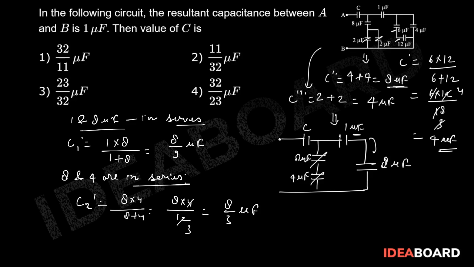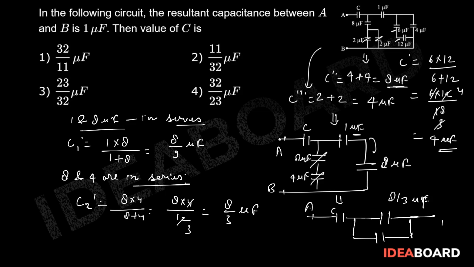Clear? Now we get another circuit diagram where we have, so this is point B, this was point A. So C, we can remove this, so we get 1 and 8, this will be 8 by 3 microfarad, and yes, this line we can keep like this, right?